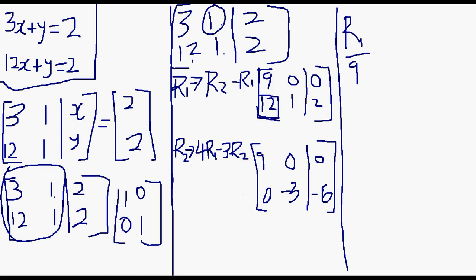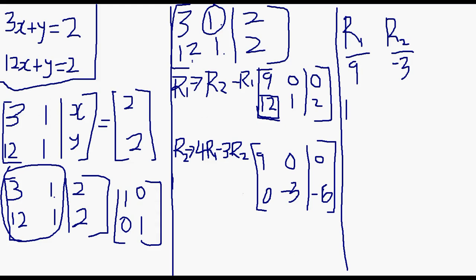We need to now defend fast. So here we are coming to change here to also 1. If we want to change here to 1, it is row 2 divided by negative 3.